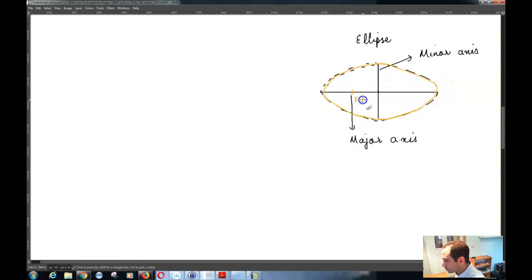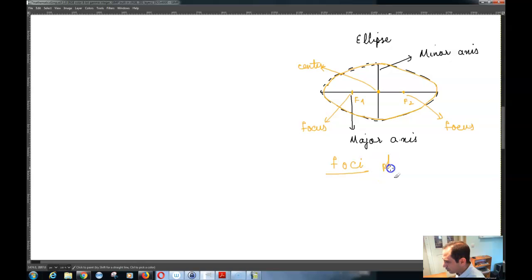I can call them, for example, F1 and F2, and these are at the exact same distance from this point over here, which is called the center of the ellipse. This point is called the center, and this point over here is called the focus, and this point over here is also called the focus. So we say that an ellipse has two foci.